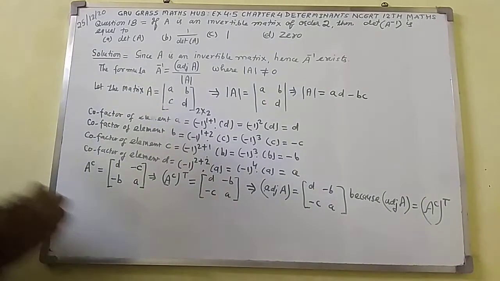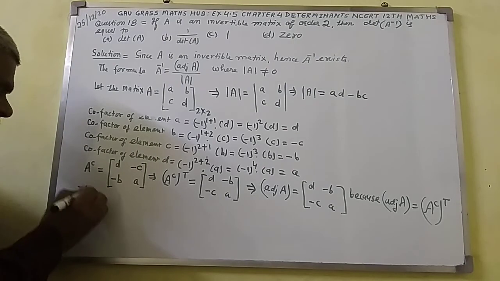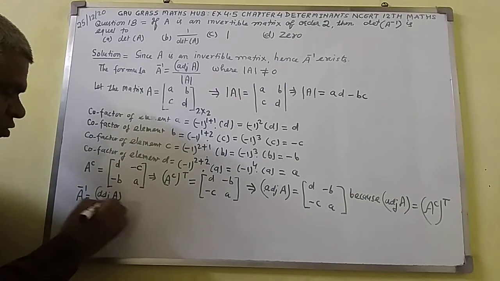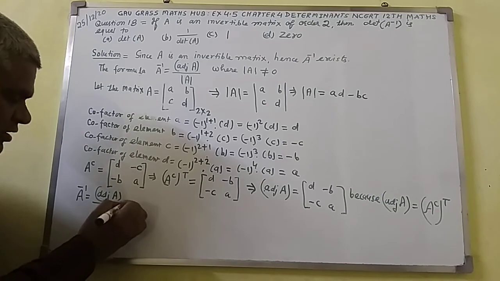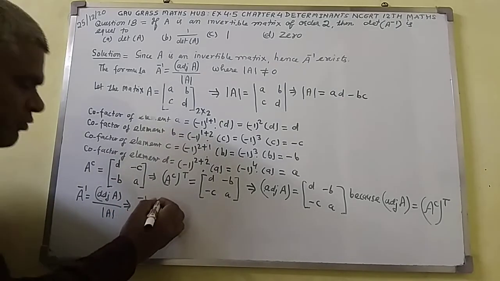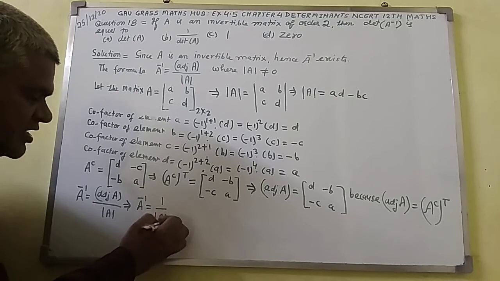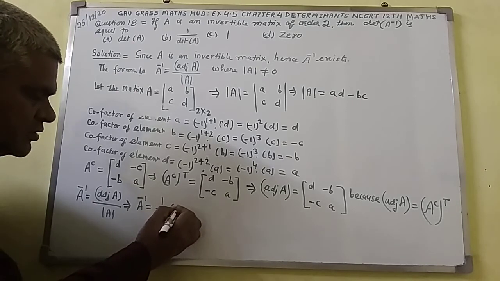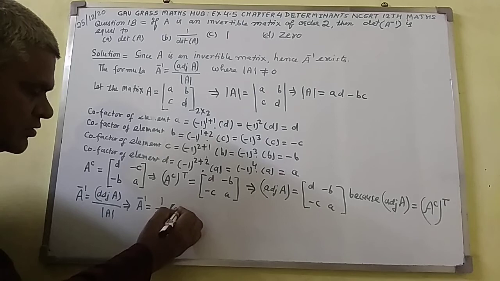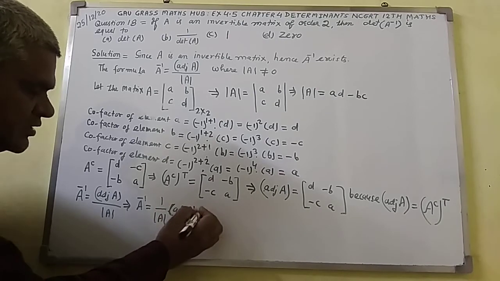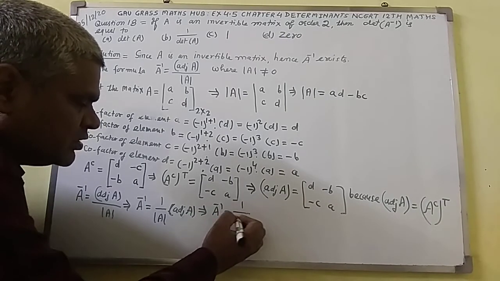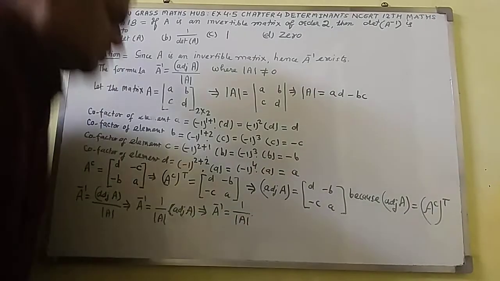So here write formula A inverse equal to adjoint of A whole over determinant of A. Here write A inverse equal to 1 over determinant of A dot adjoint A.